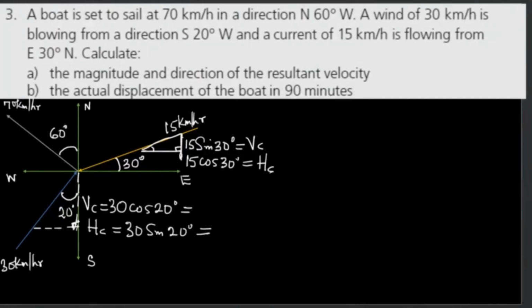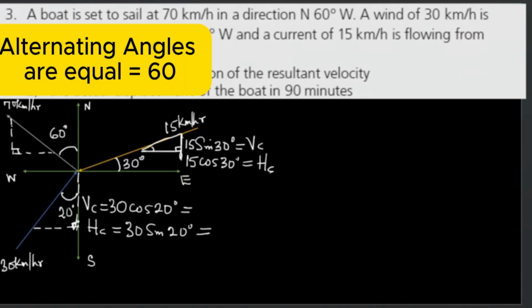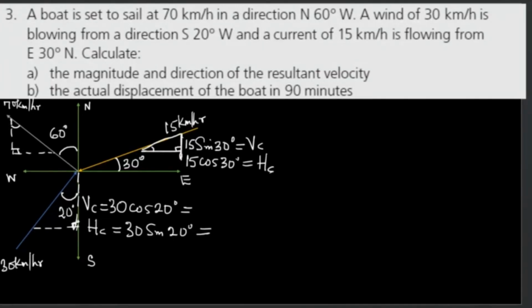Let's go to the last one here, which is 70. The arrow is going up, right? So let's try and determine the vertical and the horizontal components. This is 60, right? So the vertical component is, because this is adjacent, there is an angle here. This is adjacent, and this is hypotenuse.